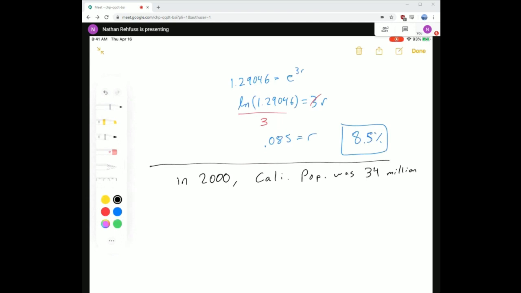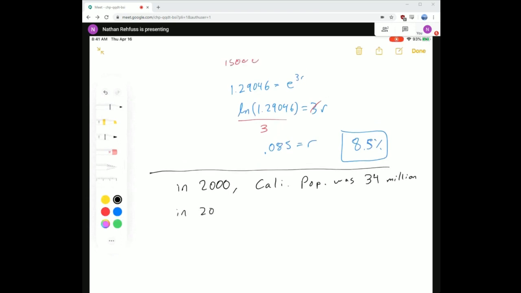On the first day of 2010, the Cali population was 37.3 million.